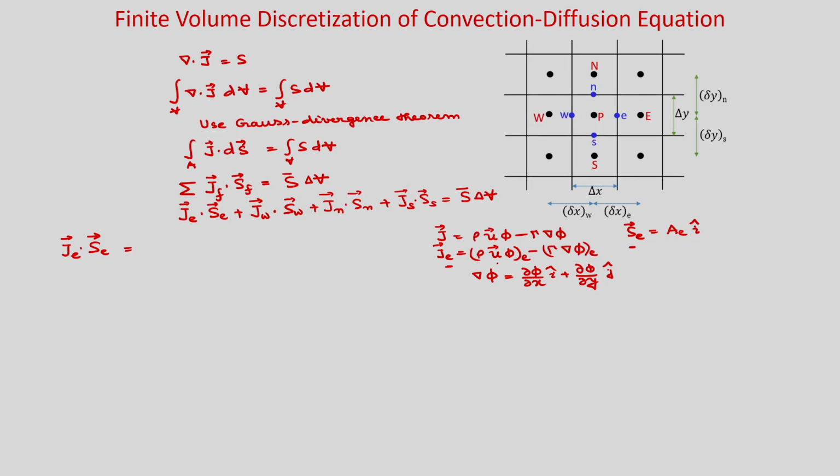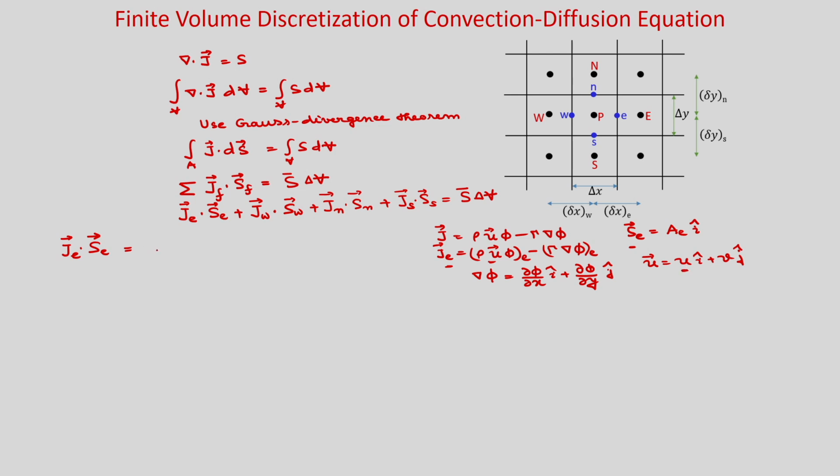So, convection term, if you see, this is the convection term rho u phi_E. u is again u i plus v j. If you make the dot product of u and A_C, then you will get only u_e A_e, because i dot i will be 1 and i dot j will be 0. So, only this term will remain, u_e A_e.